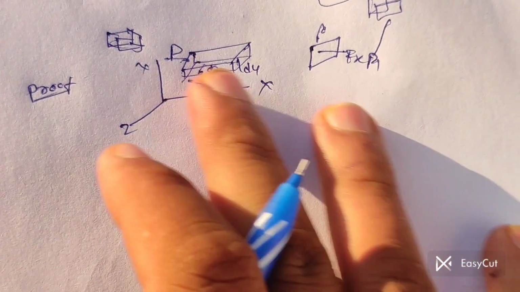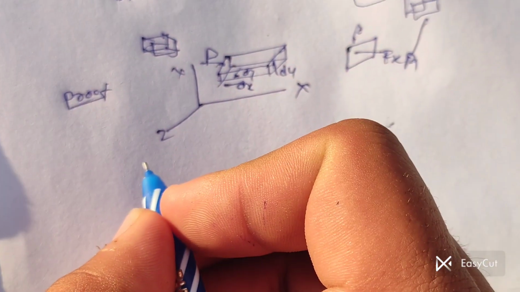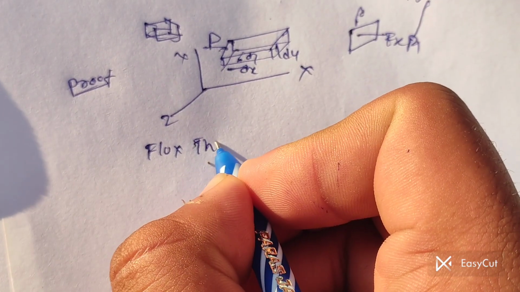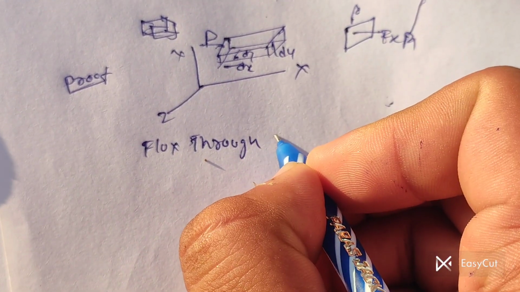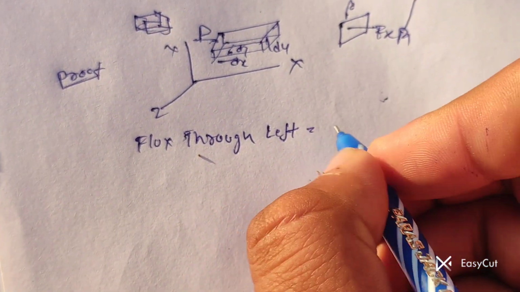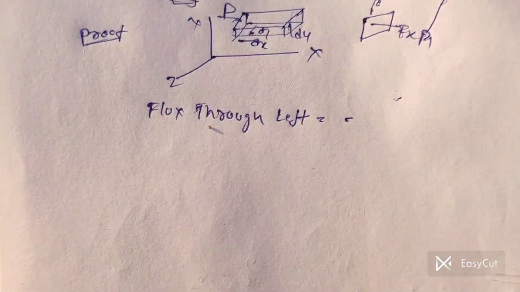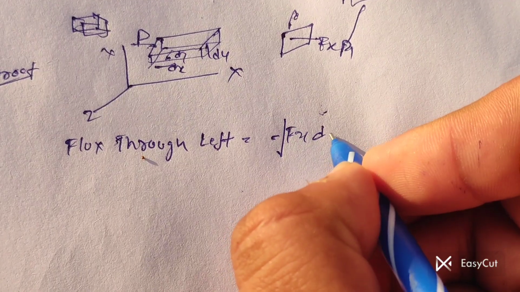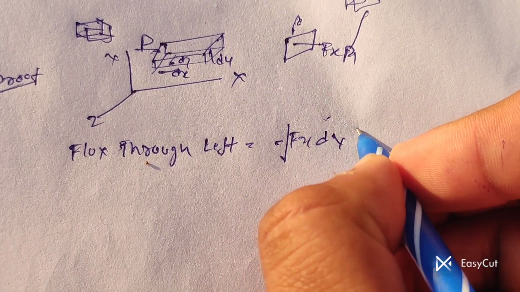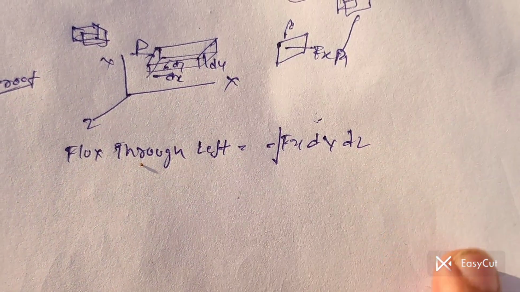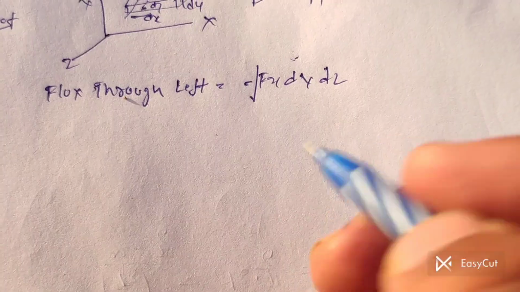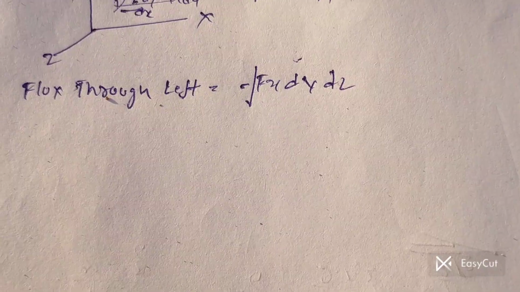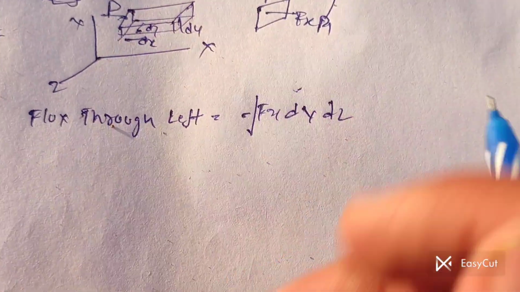For solving the Gauss theorem, the flux through the left face becomes minus, because it is directed outside the surface: minus Fx integrated over dy and dz. This is the face on the left hand side.